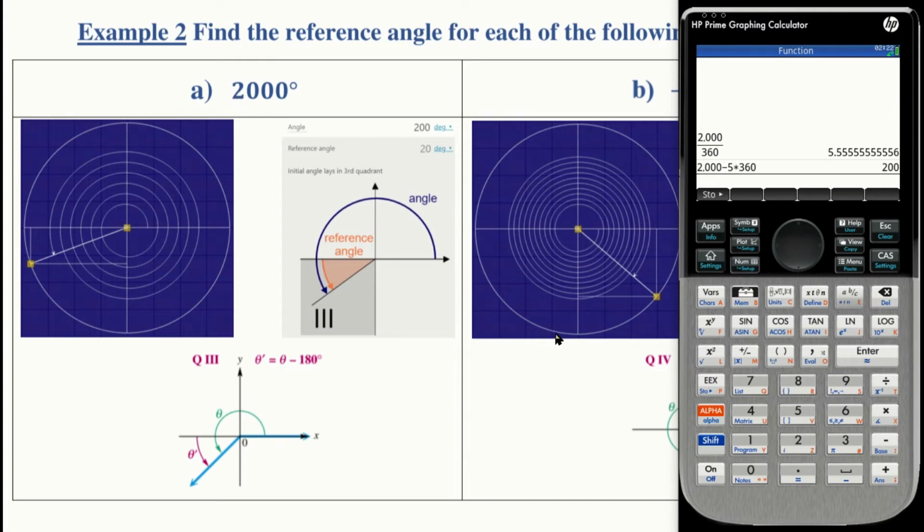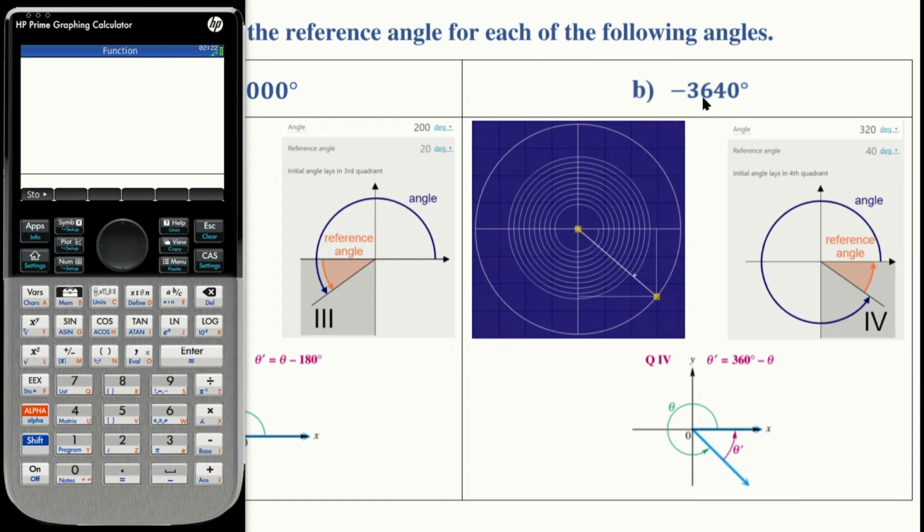All right, let's look at this next one. Let me move the calculator to the other side. All right, this one is negative 3640 degrees. So notice for this one, since it's negative, you actually start with the initial side on the positive x-axis, and then to get to the terminal side you start rotating in a clockwise manner, not counterclockwise, such as in this case, which has a positive measure, but this one is negative.